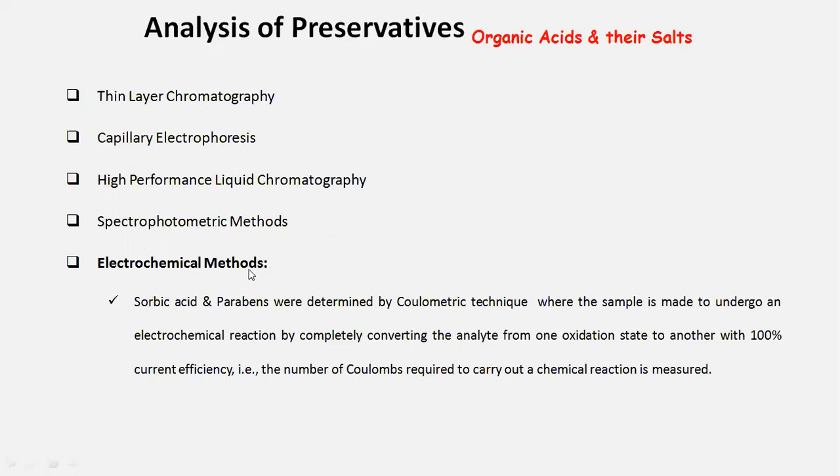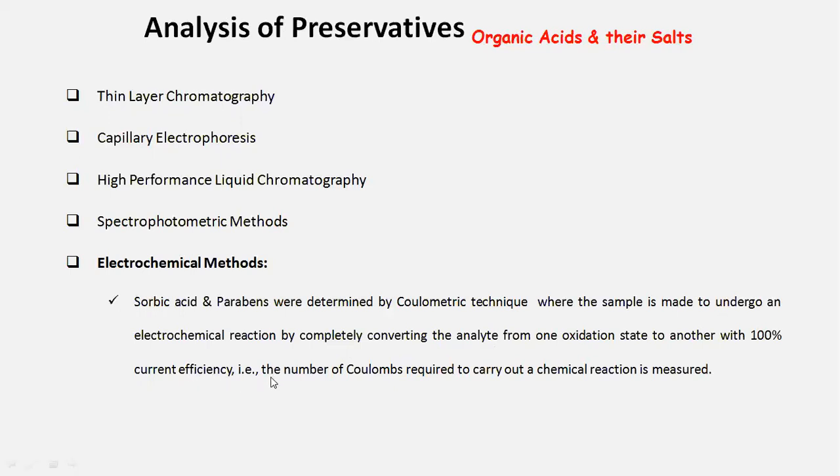Coming to electrochemical methods, sorbic acid and parabens were determined by the coulometric technique, where the sample is made to undergo an electrochemical reaction by completely converting the analyte from one oxidation state to another with 100% current efficiency.